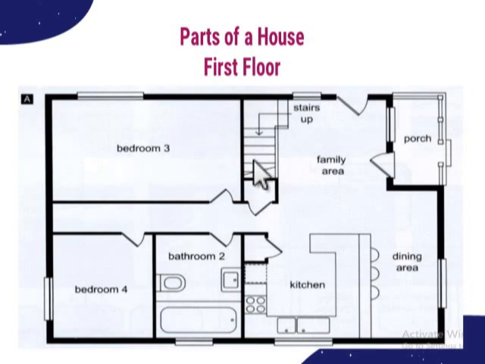I have 2 bedrooms with the first bathroom, and then also there will be a kitchen right beside it, and in front of the kitchen there will be a family area where there will be stairs up, and there is a porch, and then a dining area that connects to the kitchen. This is for the first floor.